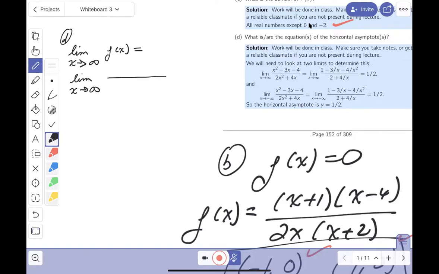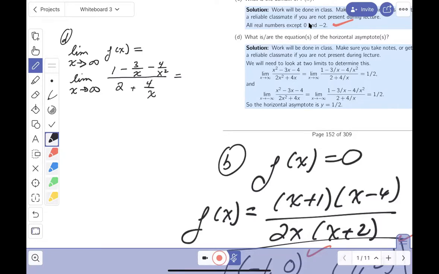What's the highest degree variable? x squared. What would you get? 1 minus 3 over x minus 4 over x squared. Now, if you divide the top by x squared, you divide the bottom by x squared. What would you get? 2 plus 4 over x.